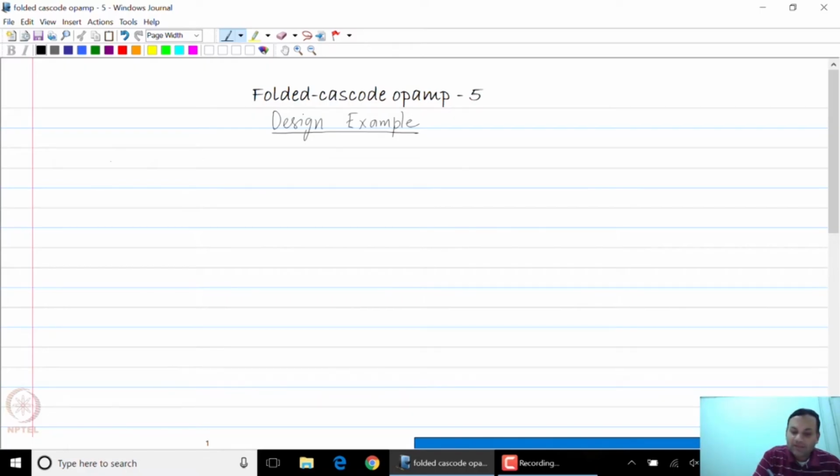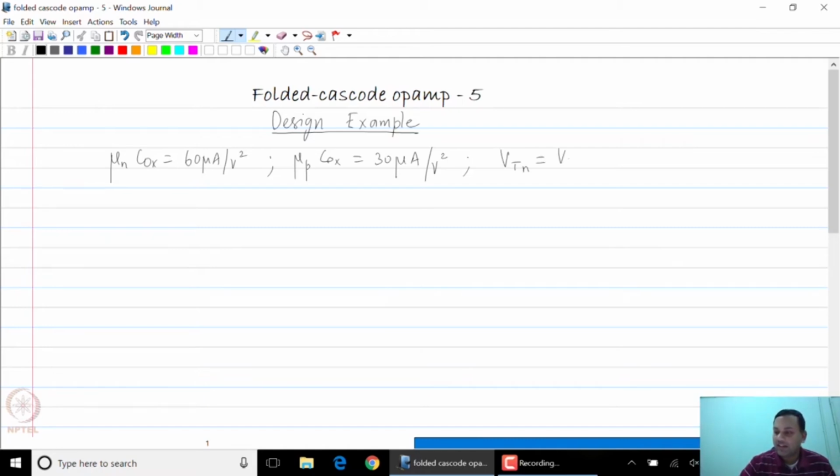Let us say you are given mu n C_ox as some 60 microamp per volt squared, mu p C_ox is approximately half that, so 30 microamp per volt squared, and let us say the threshold voltages of the NMOS and PMOS are equal and are 0.7 volts each.